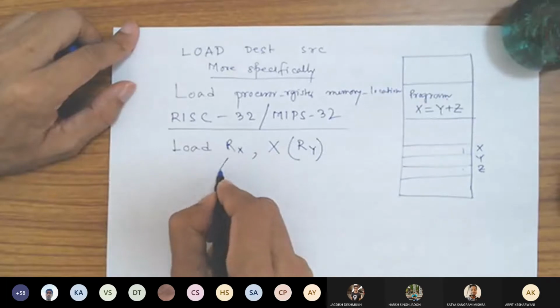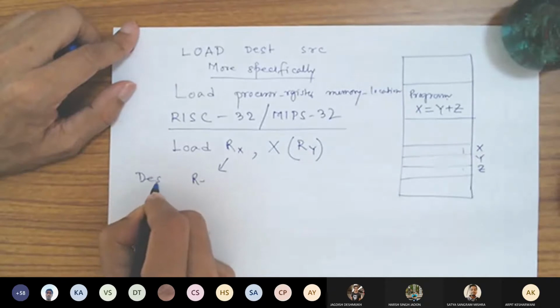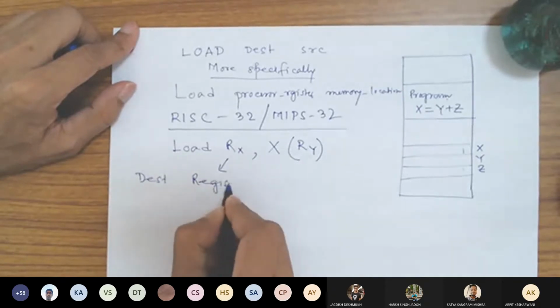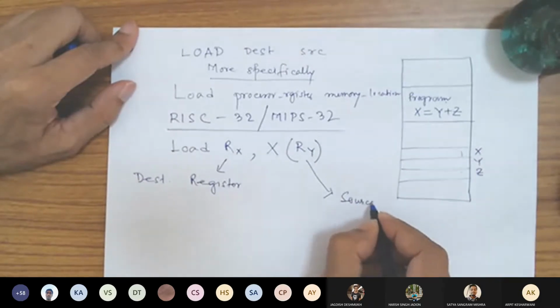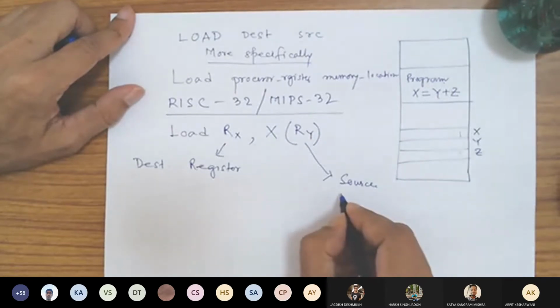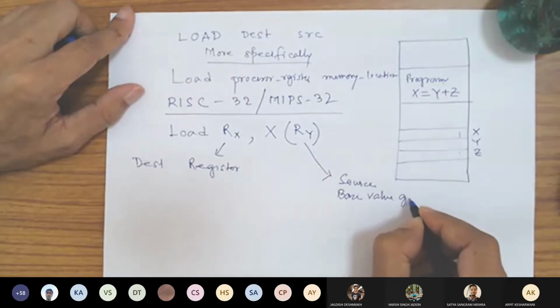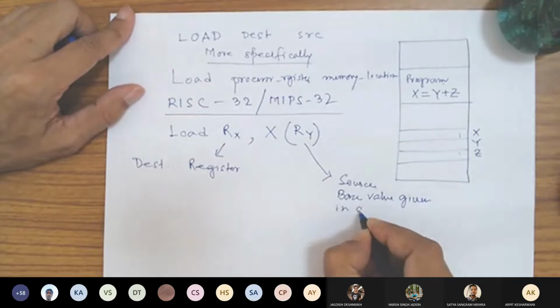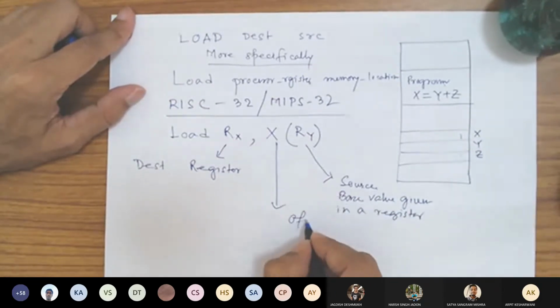Where this is the destination register, this is the source, this is the base value given in a register, and this is the offset.